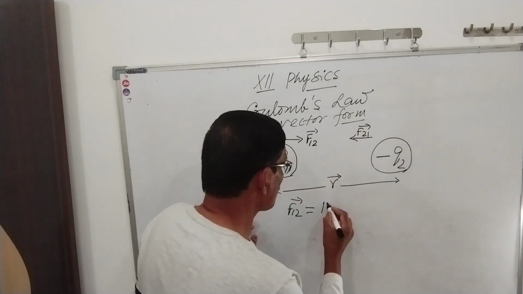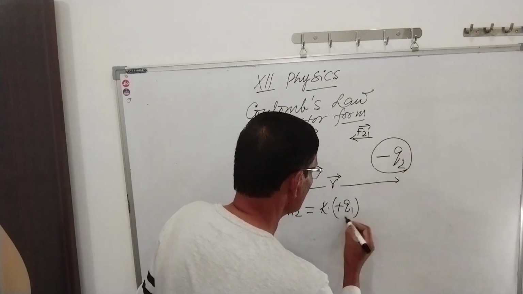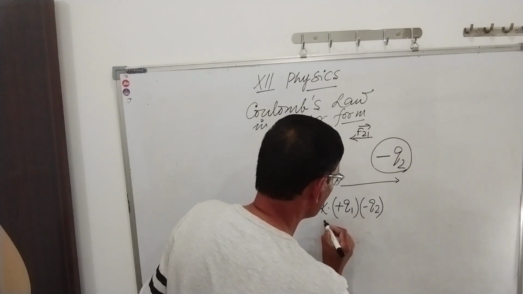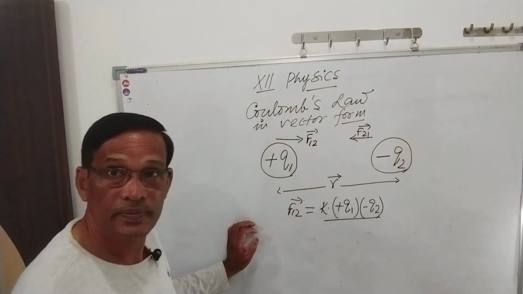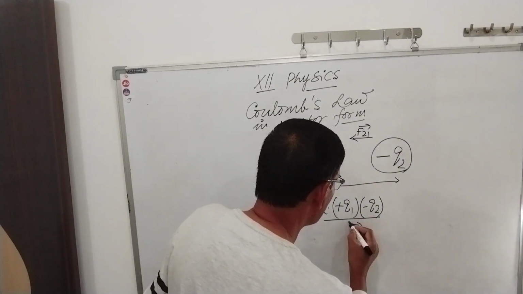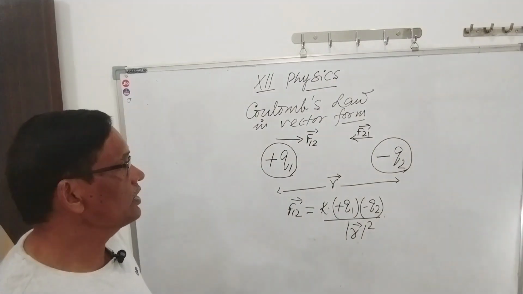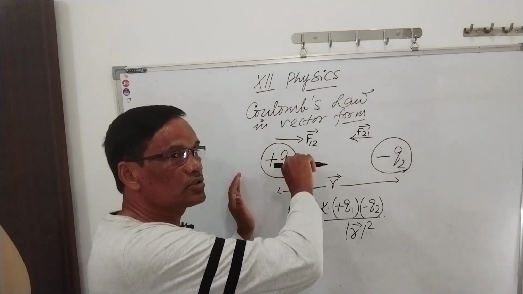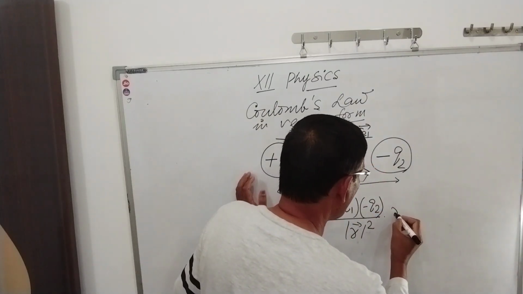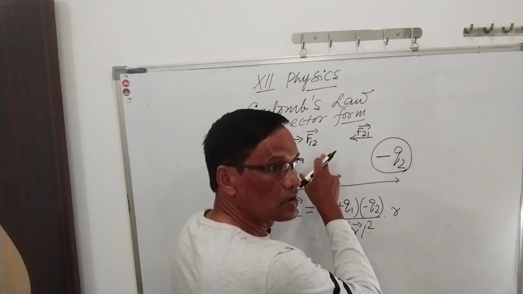Same magnitude you can write as K, positive Q1, negative Q2 and R magnitude square with the direction. Which direction is the force acting? Force is now acting from R. This is the direction, force on 1 due to 2.